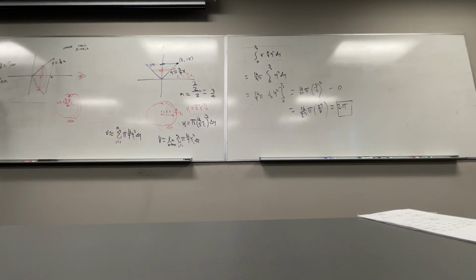So we have the sum, i equals 1 to n, 9/16 pi x sub i squared delta x. But I don't want an approximation. I want an exact value. So I will find the limit as n goes to infinity of the sum, i equals 1 to n, 9/16 pi x sub i squared delta x.